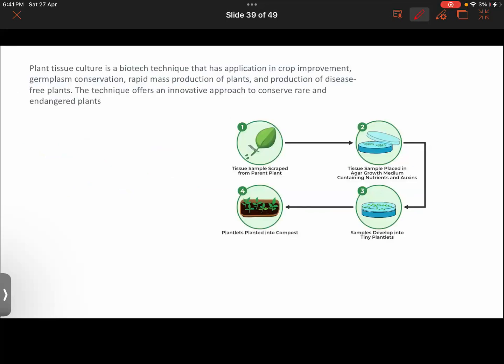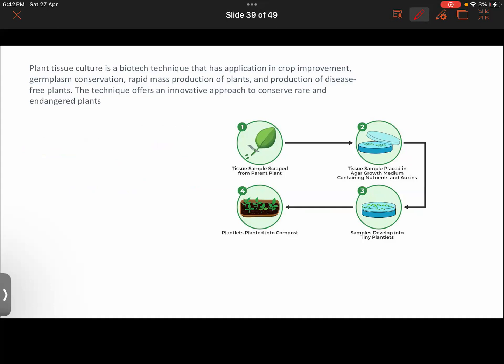We had talked about different measures we would be taking in order to conserve plants and animals. One very efficient method we have is called tissue culture, and we will be understanding about this also.